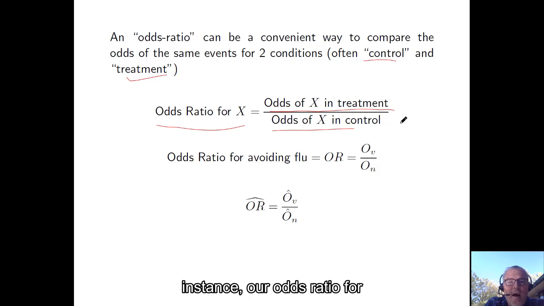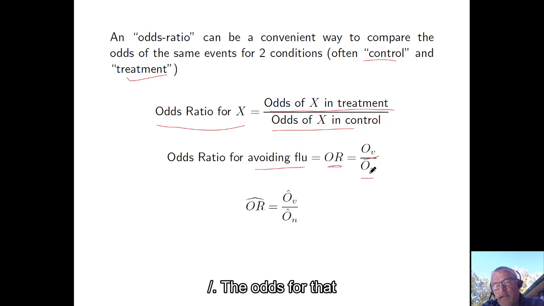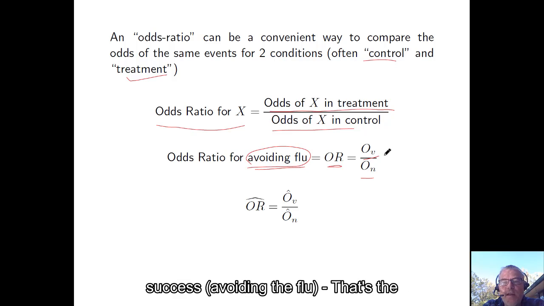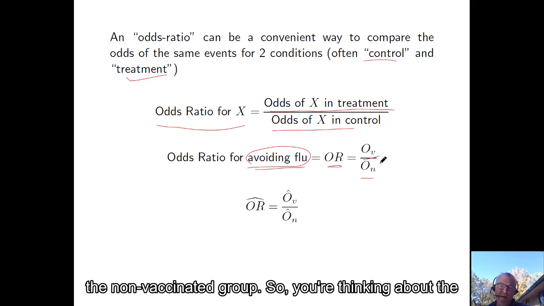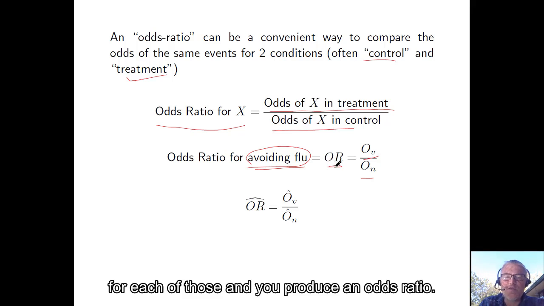So for instance, our odds ratio for avoiding the flu, abbreviated OR, is the odds for the vaccinated group divided by the odds for the non-vaccinated group. And so once again, what's crucial is the success, avoiding the flu. That's the same success in the vaccinated and the non-vaccinated group. So you're thinking about the same success and you're comparing the odds for each of those, and you produce an odds ratio.